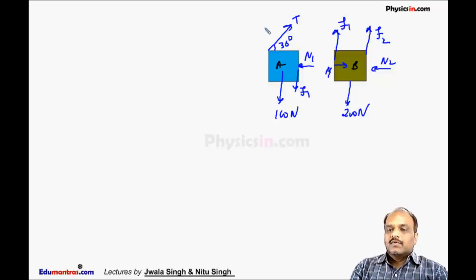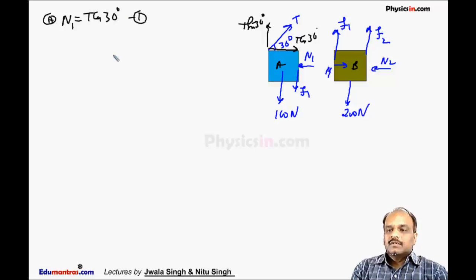Now we can say the vertical component of this tension is T sin 30 and the horizontal component is T cos 30. Since block A is under horizontal equilibrium, N1 must be equal to T cos 30 degree, first equation.